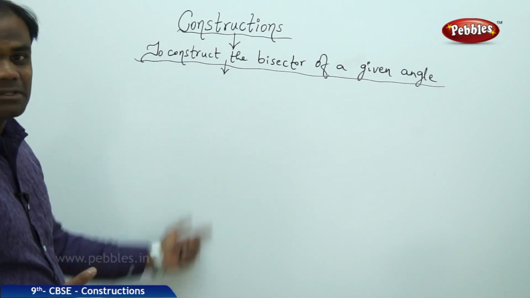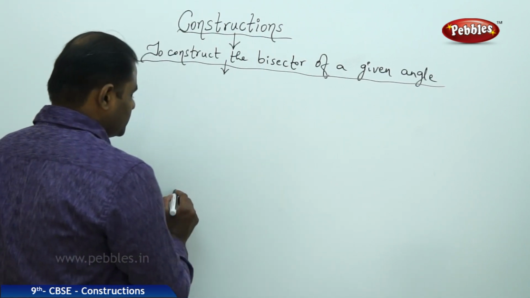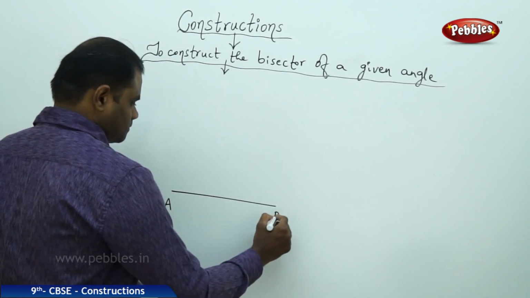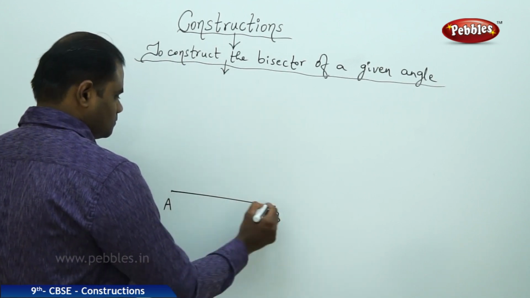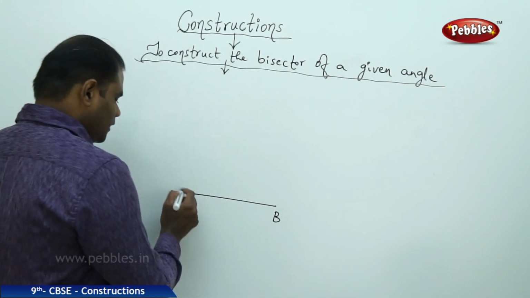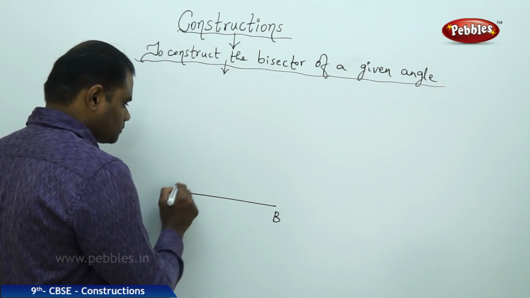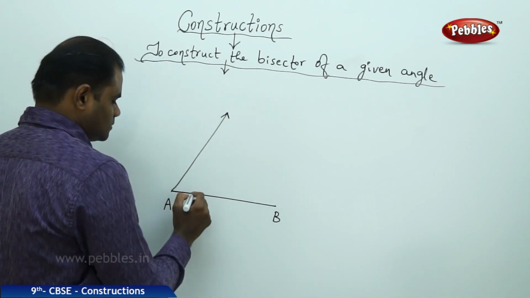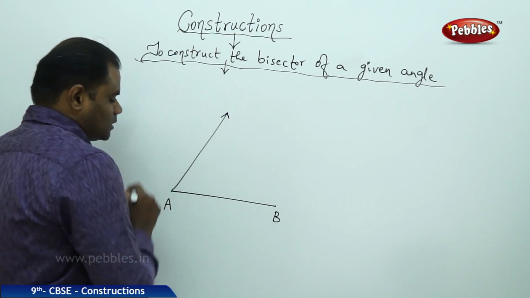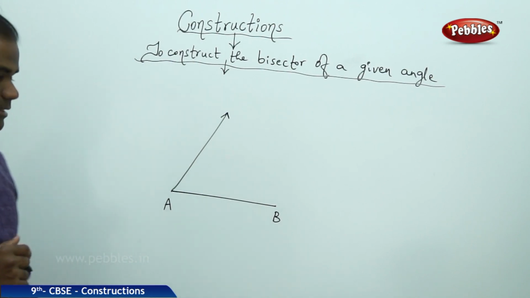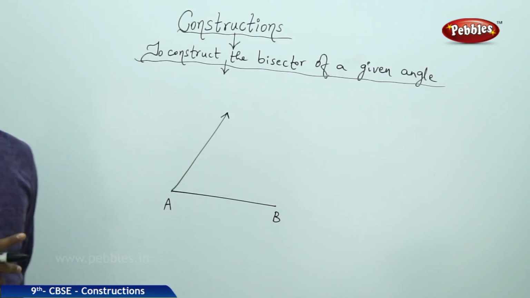So let me take the angle out here. Here is the line segment AB, and here I have an angle made by this. Now this angle I would like to bisect or exactly cut with equally placed on either side.